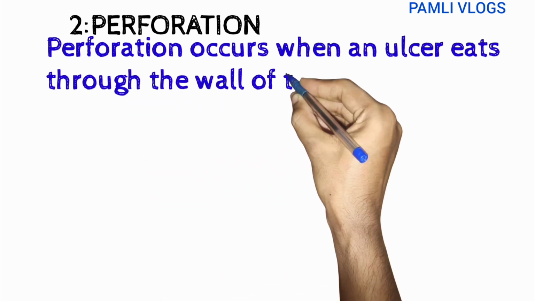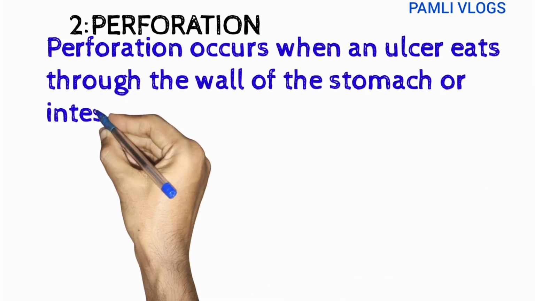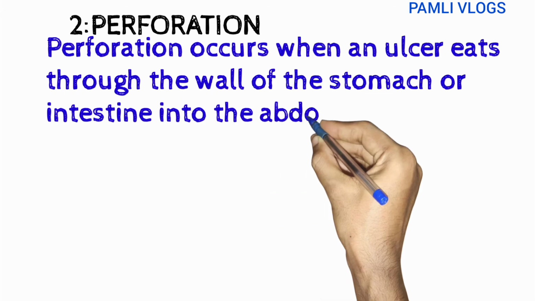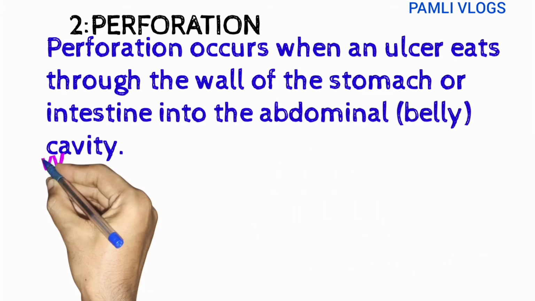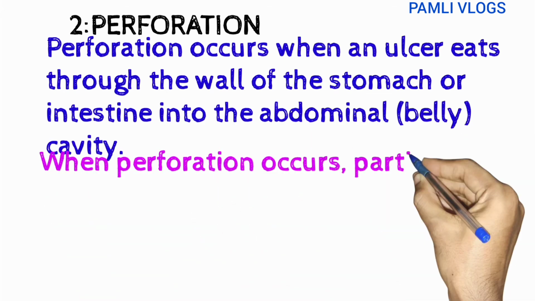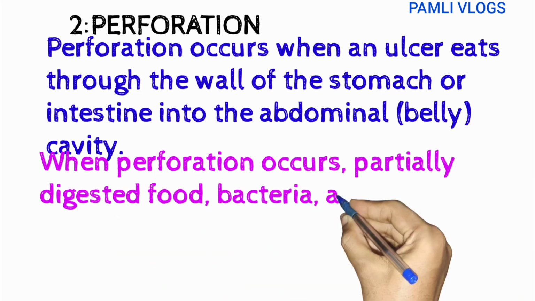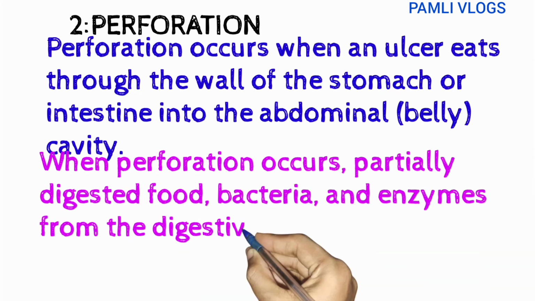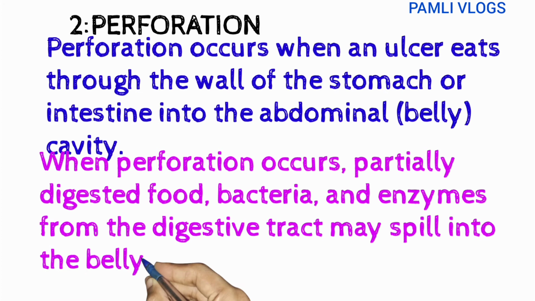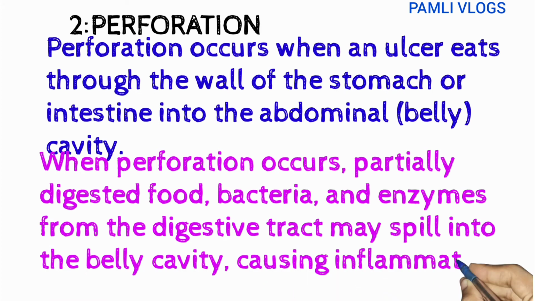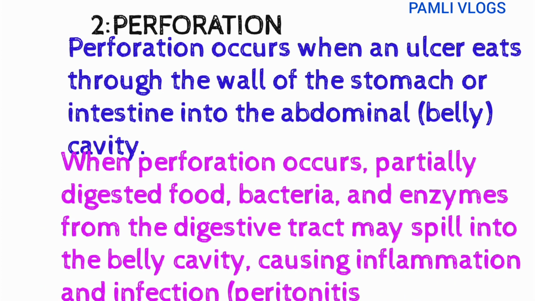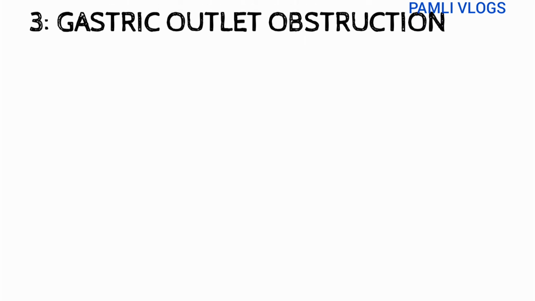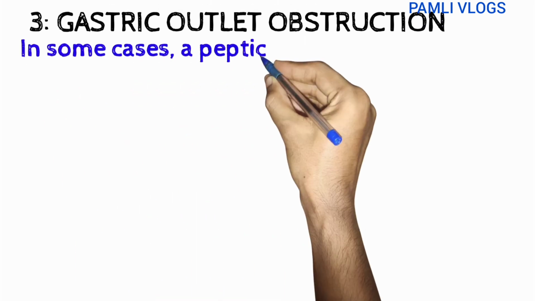It occurs when an ulcer eats through the wall of the stomach or intestine into the abdominal cavity. When perforation occurs, partially digested food, bacteria, and enzymes from the digestive tract may spill into the belly cavity, causing inflammation, and this will result in peritonitis, which may warrant surgery.